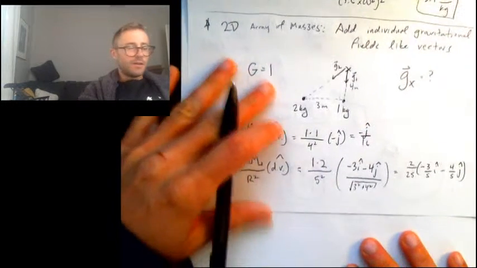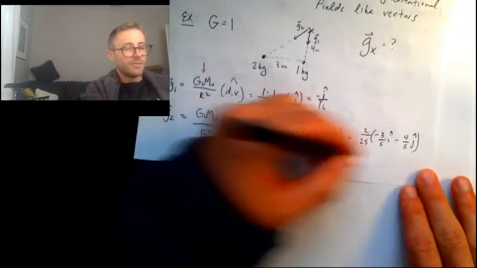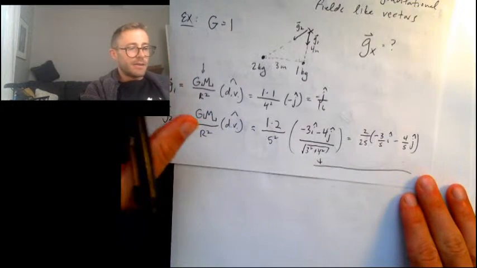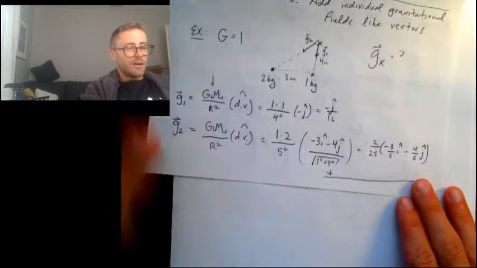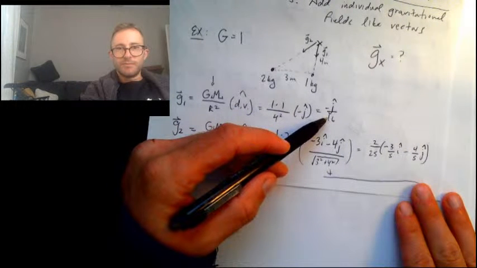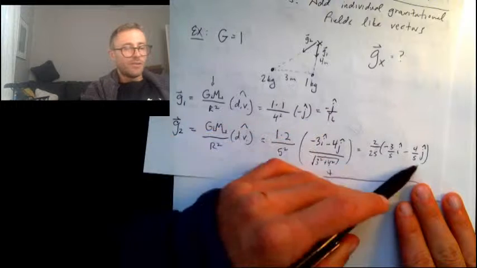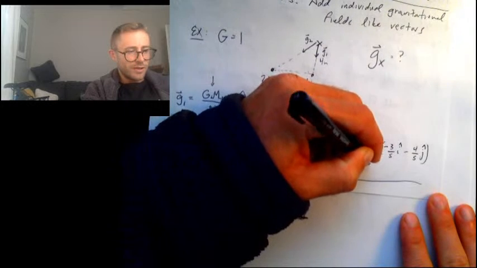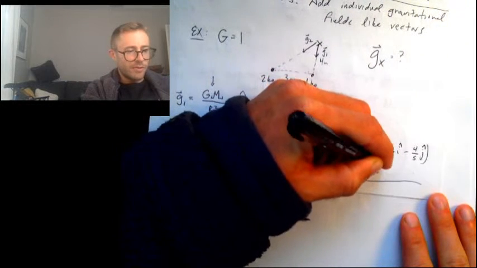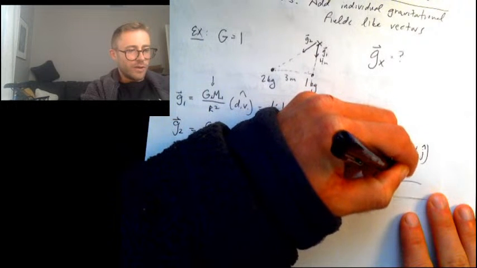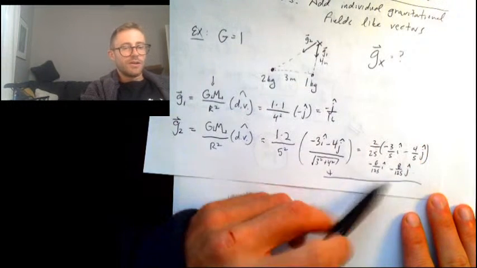All right. Now, how do I get the total gravitational field at x? Well, I need to take these two and add them together. All right. So adding those two together, this one only has a j component. So I only have to add to the j component. So let me write this a little bit more completely. So this is negative 6 over 125 i hat minus 8 over 125 j hat. Okay.